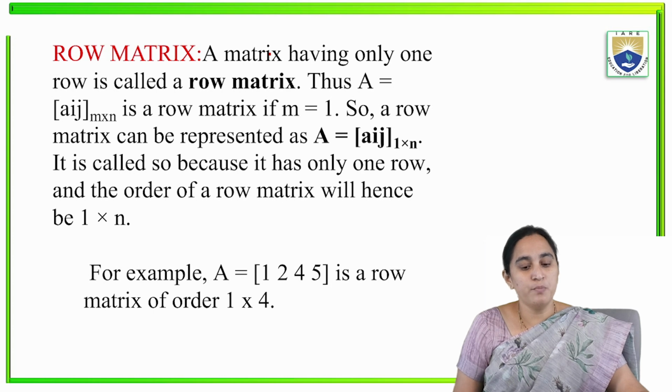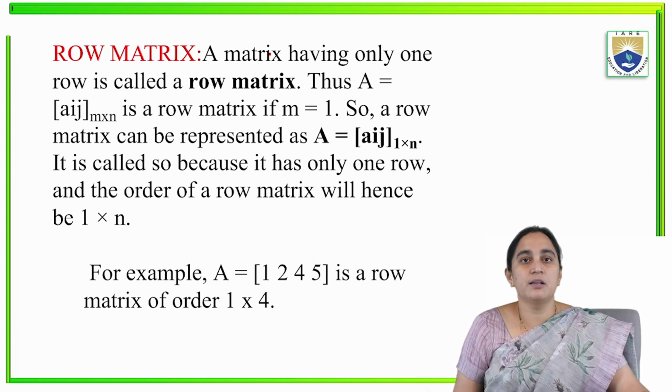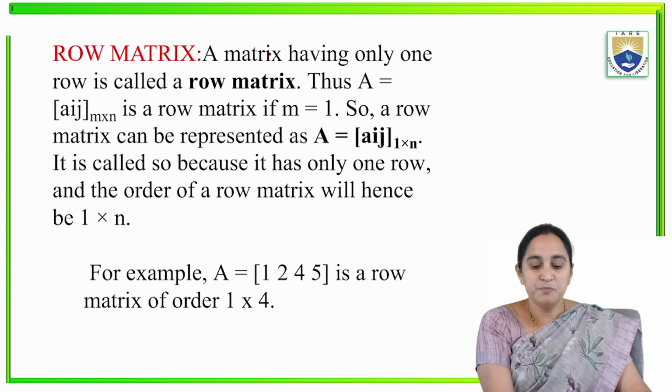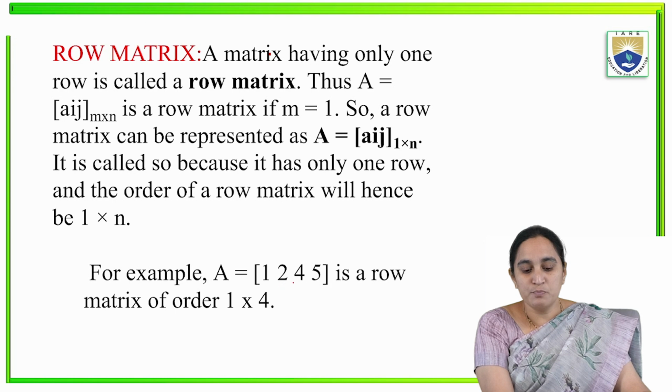So a row matrix can be represented as A equal to Aij. It is called so because it has only one row, and the order of the matrix is 1 by n, because m is equal to 1. For example, take 1, 2, 4, 5. Observe that this matrix contains only one row.